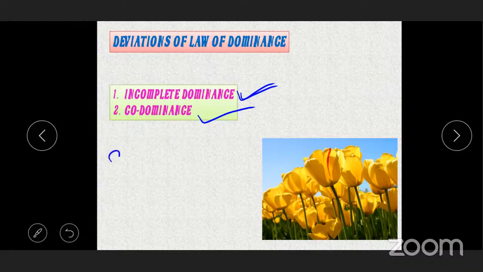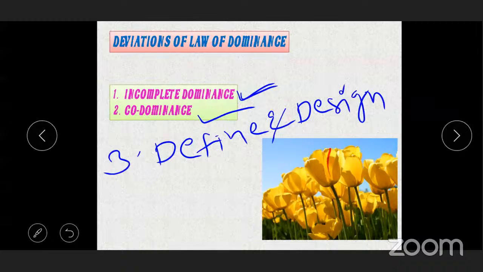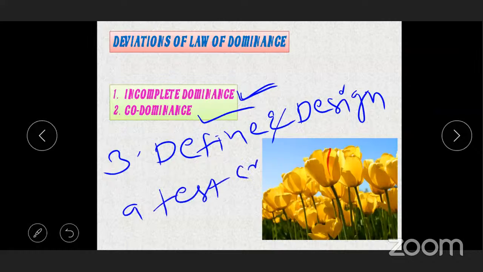And the third question is define and design a test class. This is the third question.